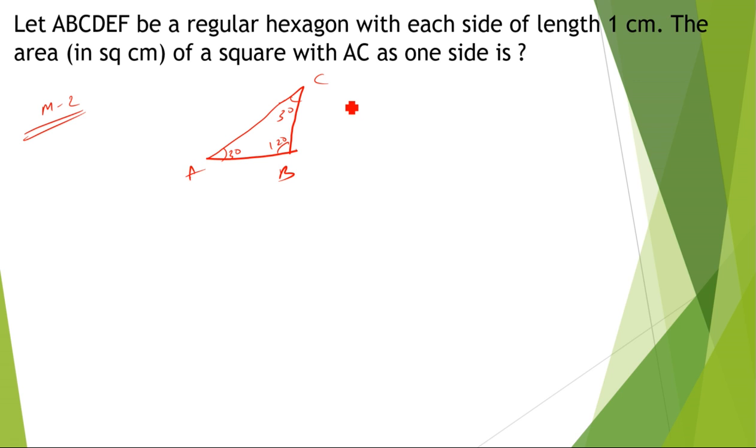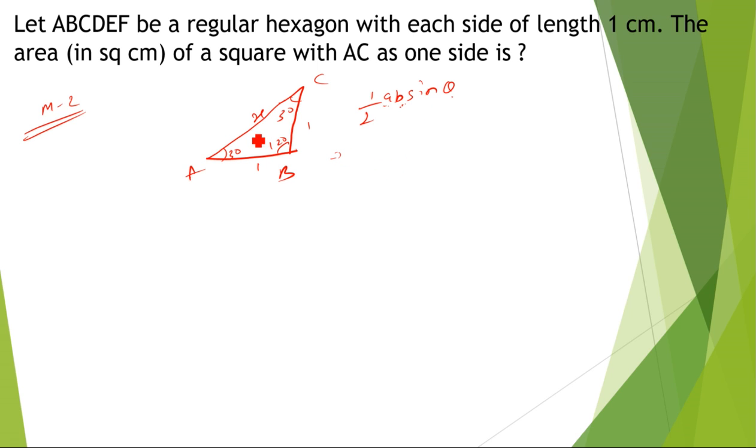In this method we will apply the area concept. So how to calculate the area of a triangle when sides and angle are given? Again consider this as x centimeter and this 1 is given. So the formula is half AB sine theta, where A and B are side lengths and theta is the angle between these sides.